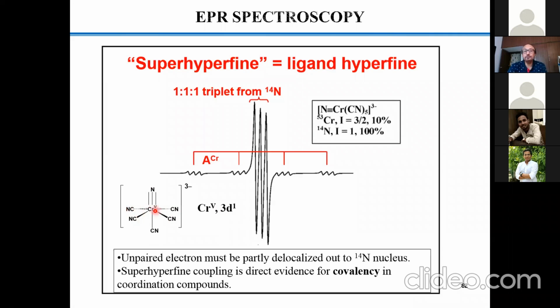What impact would be there? The directly bonded nitrogen over here. The nitrine is directly bonded over here, and nitrogen is N14. So I equal to 1, and I equal to 1 means 100% its abundance. So you will never miss it.